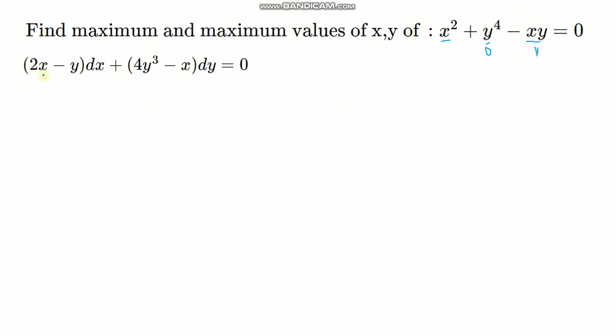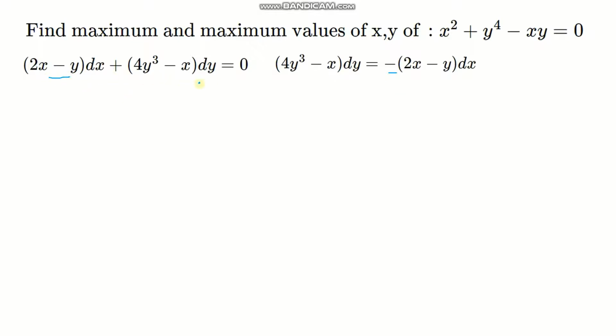For the y part, we consider x as constant. So the derivative of x squared is 0, and the derivative of y to the 4 is 4y cubed. And the derivative of xy is negative x. So all equals 0. Transferring the dx part to the right hand side, it becomes negative.